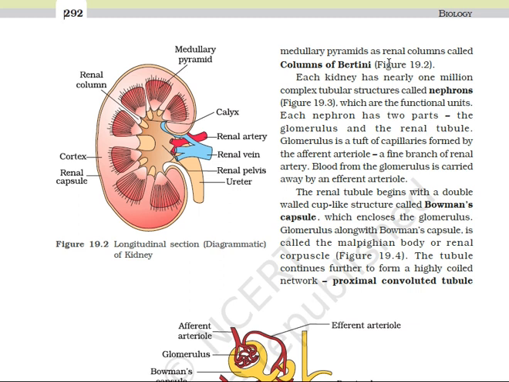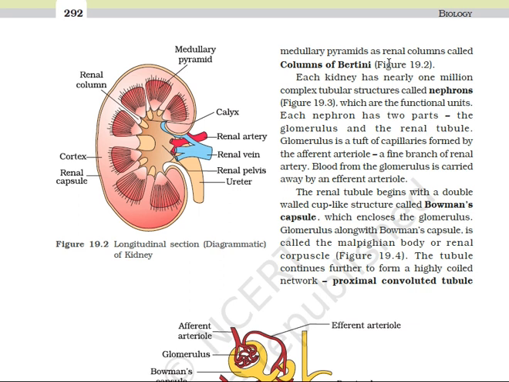Then I move on to the next part, that is the ureter. The renal pelvis continues to the hilum, from which a large excretory duct emerges. This excretory duct is called the ureter.